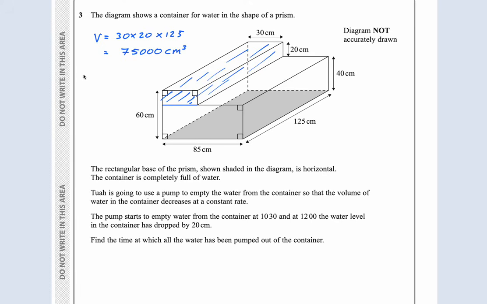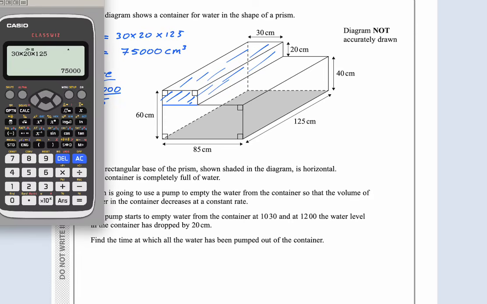So the rate at which it's emptying, let's just write it like this, is 75,000 centimeters cubed every 1.5 hours. Now 75,000 divided by 1.5 is 50,000.